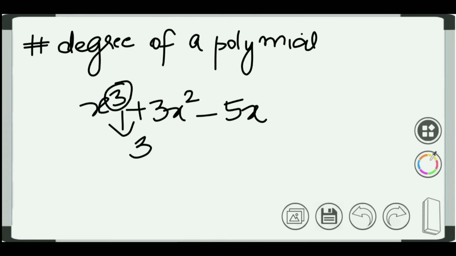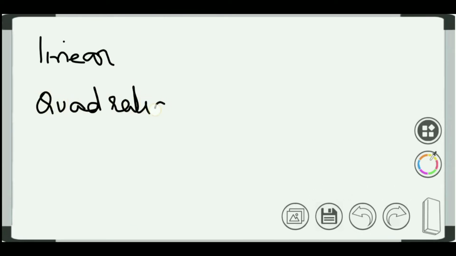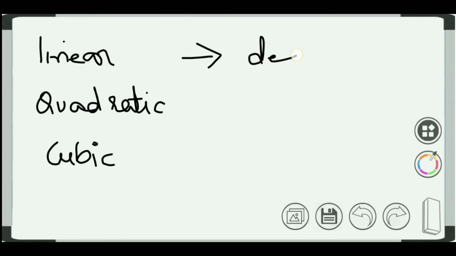Now, on the basis of degree, a polynomial is divided into 3 types. What are the 3 types? Linear polynomial, quadratic polynomial, cubic polynomial. What is a linear polynomial? It is a polynomial of degree 1. For example, 2x.